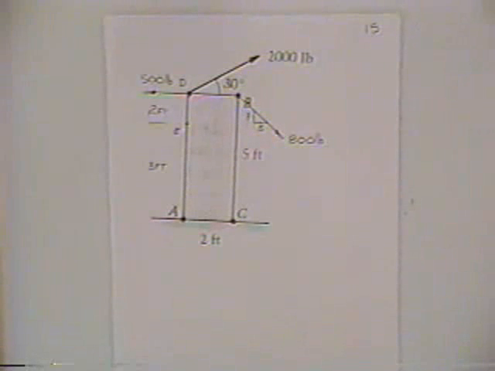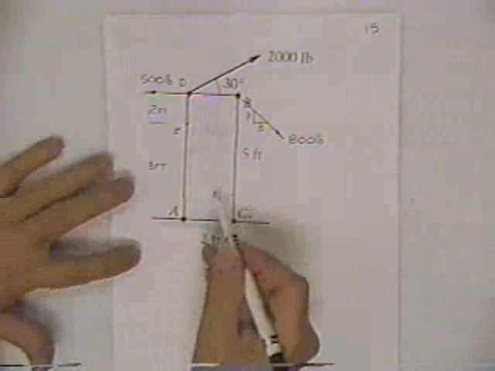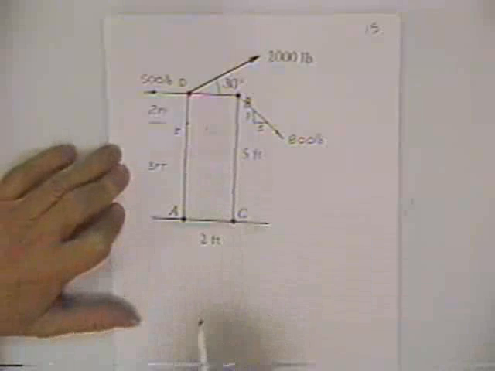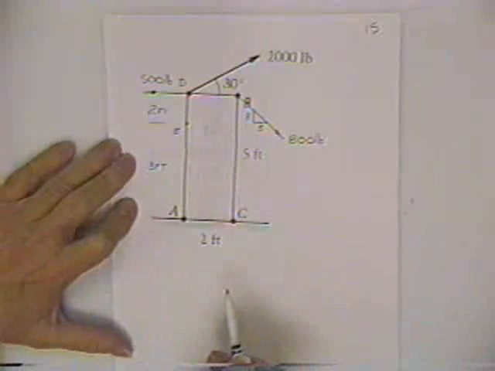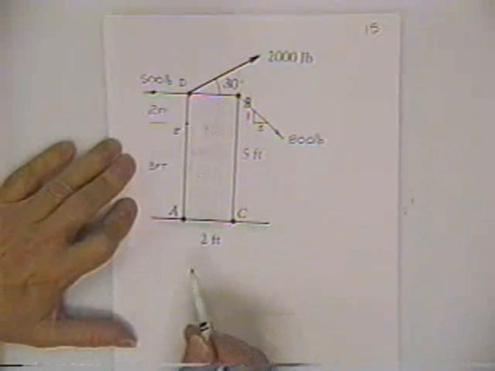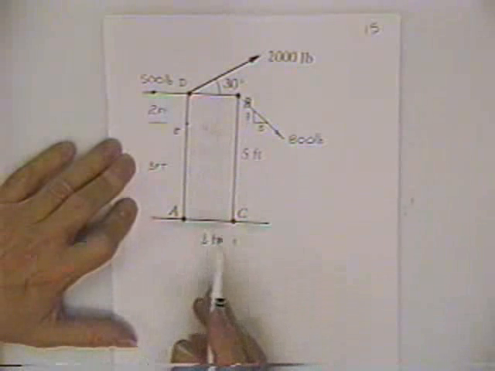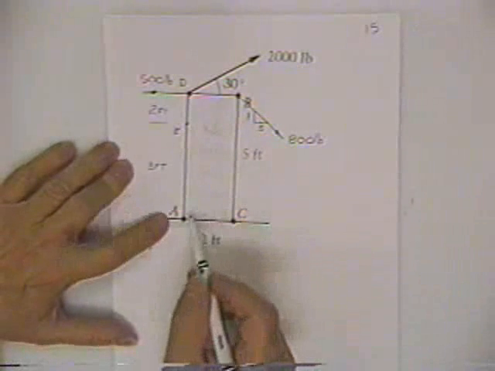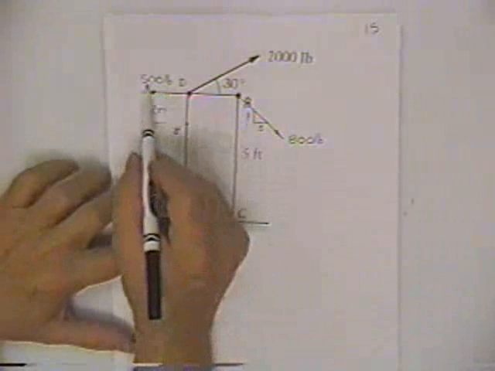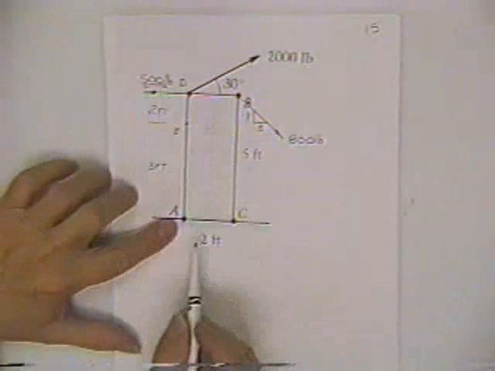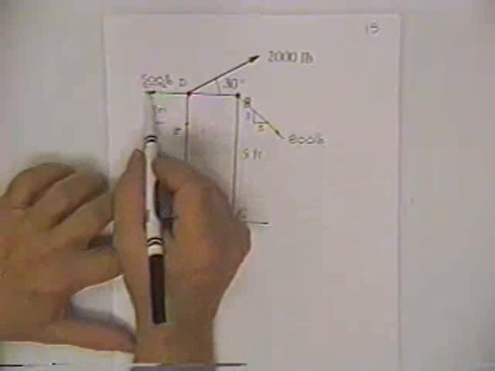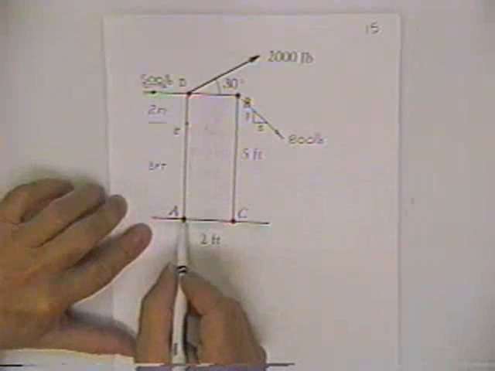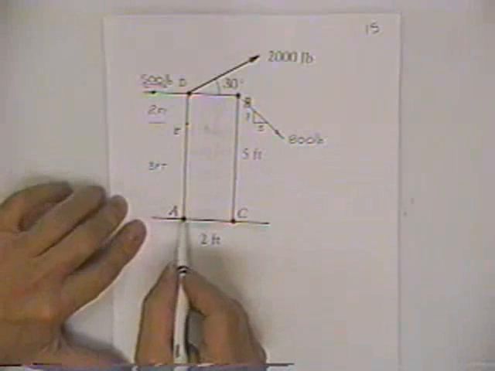Now, many times the item itself is never truly going to rotate. It's really tied down tight. So instead, we may say, how much moment is there about a point, or how much tendency to rotate is there about a point? For instance, this 500-pound force's tendency to roll about point A can be found by two items.